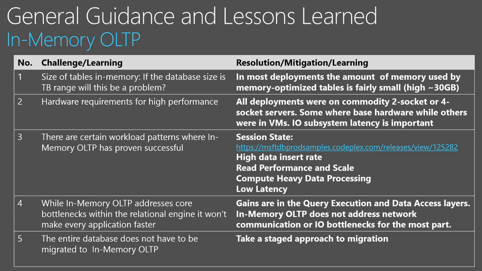The first question we typically get asked for in-memory OLTP is comments like, hey, I have database sizes of a terabyte. Is that going to work with in-memory OLTP? You saw from the care group example that they basically just moved 1 out of 7 tables. You don't have to move your entire database in.